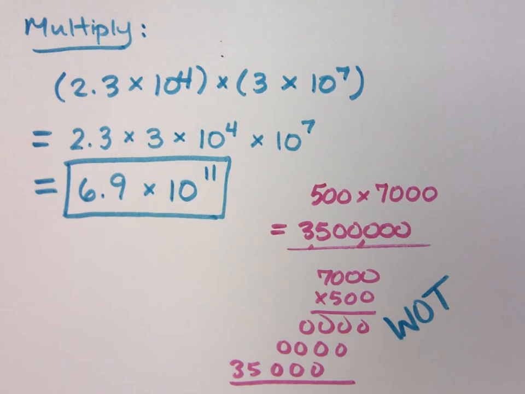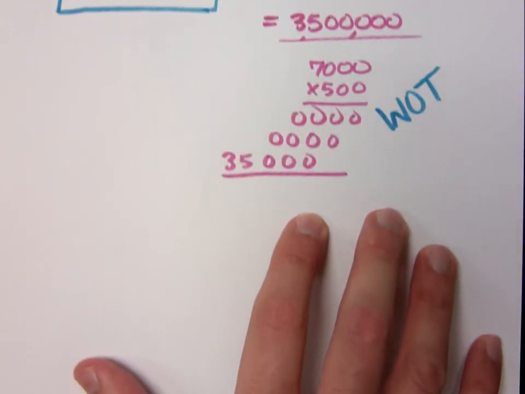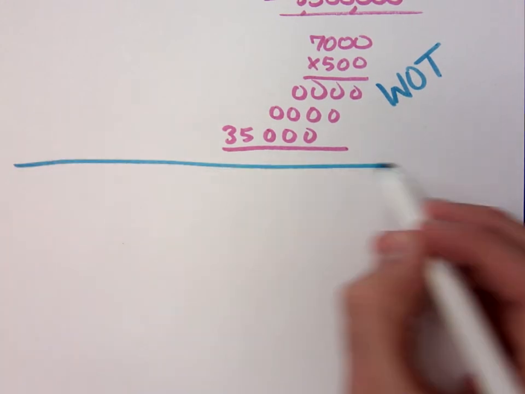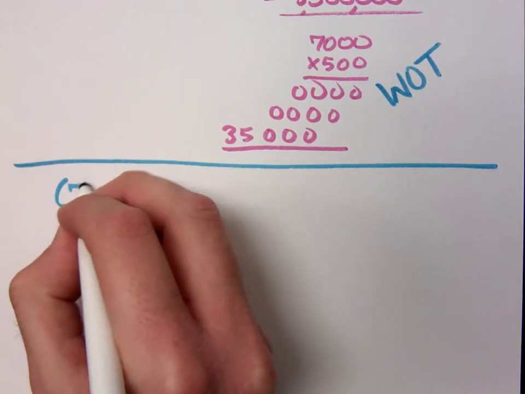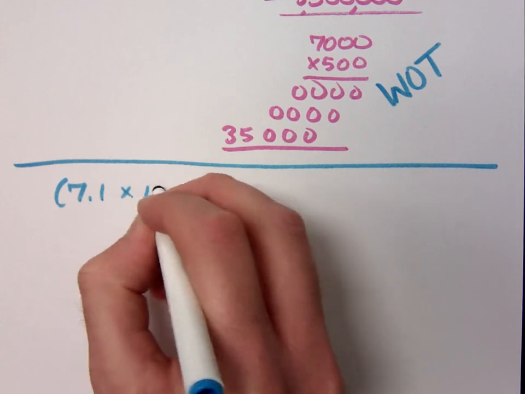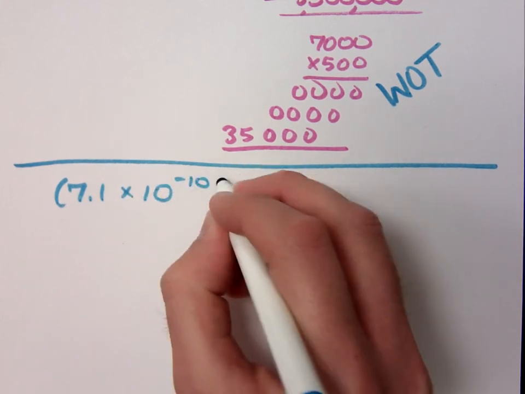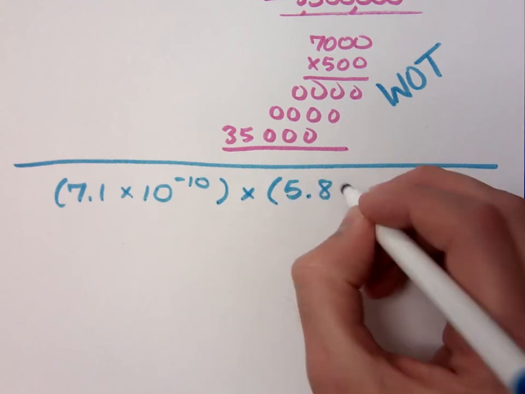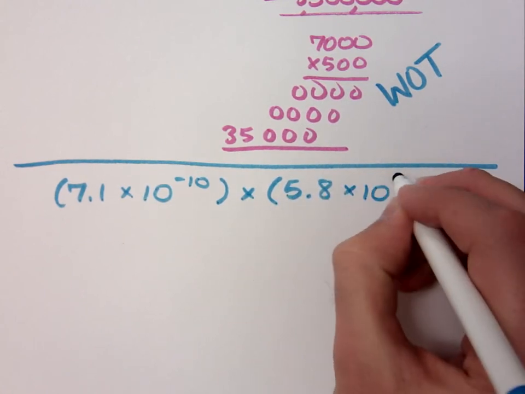Okay? Let's do another one of these, just to make sure everybody's with me. Let's try 7.1 times 10 to the negative 10th times the number 5.8 times 10 to the third.